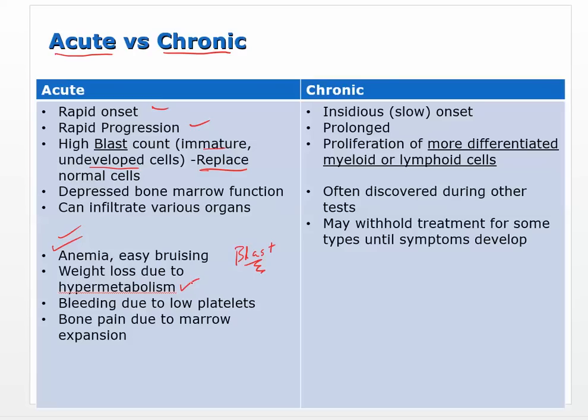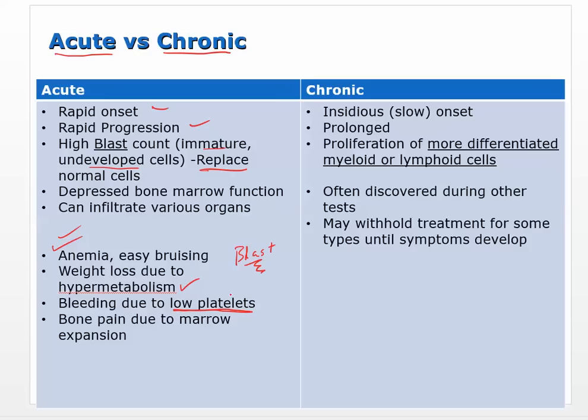So now we have this overproduction of a certain neoplastic cell and so you have increased activity, and so this increased activity requires ATP, and so we call that hypermetabolism, which means that it's sapping energy from other cell functions in the body.